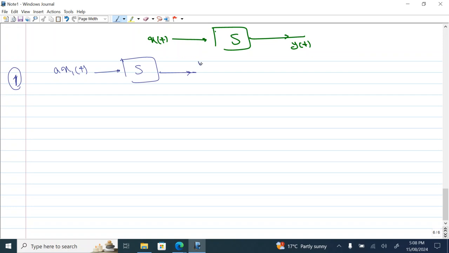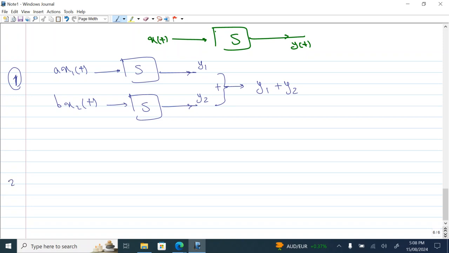I'm going to call it y1. And then send another signal, this time multiplied by b, and I call it y2. And then add these two, so you have y1 plus y2. Okay? So that was step 1: a x1, b x2, send both to the system, add the outputs.